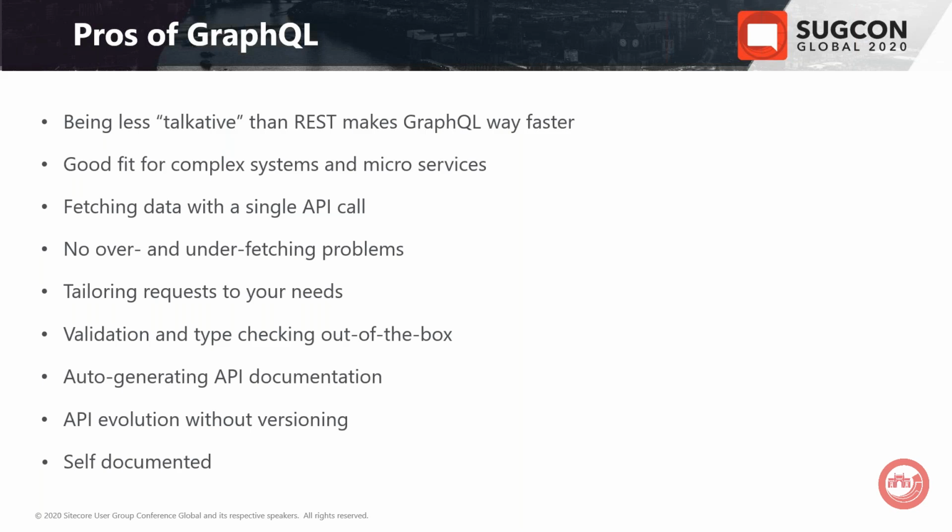That is where the current trend is, when you have different microservices, different REST APIs, or MongoDB, or any flat files. This is where it best fits. Fetching data with single API calls, yes, we saw that. Overfetching, no overfetching, we saw that. Tailoring the request as per the need. Just now I mentioned you can even issue a query against one particular field and get that.